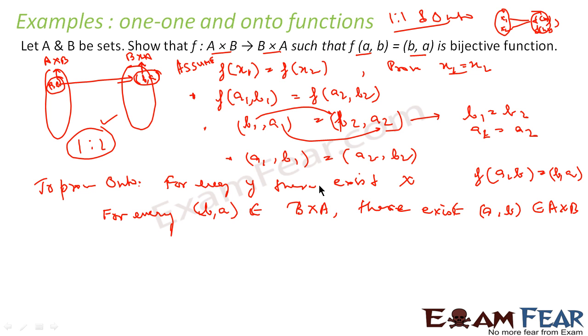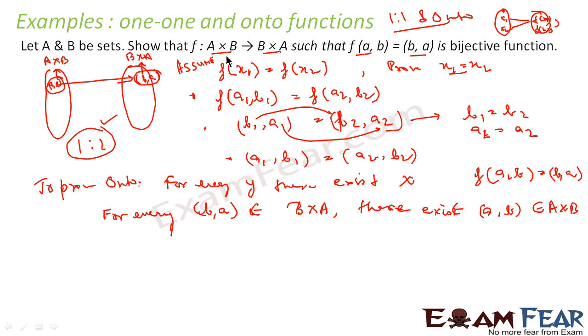Because we said that for every y there exists x. If that is true, it is an onto function. So as per this question, for every (b, a) that is a member of B cross A, there exists (a, b) that is a member of A cross B. In that case, it is an onto function. And if you see this, by definition itself it is true.